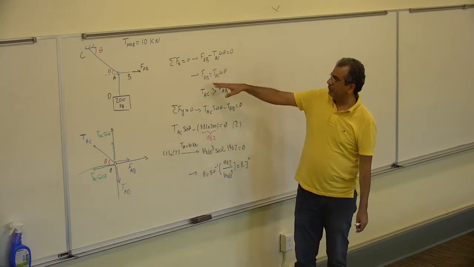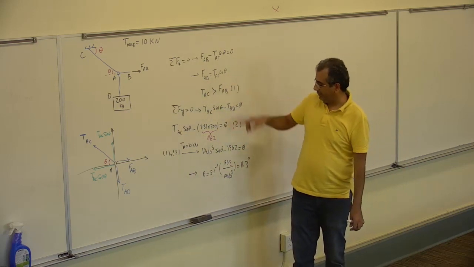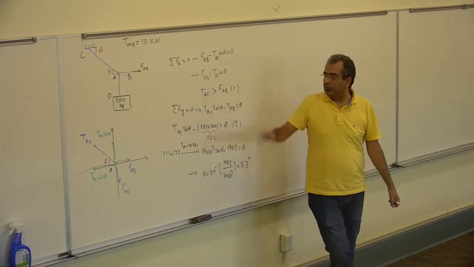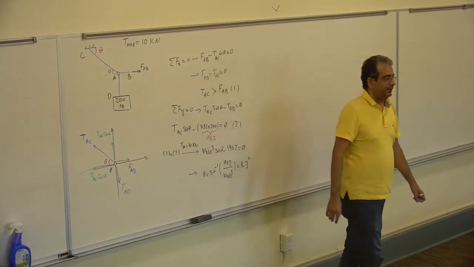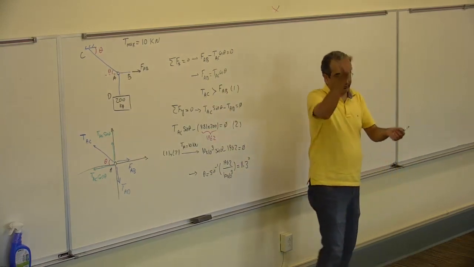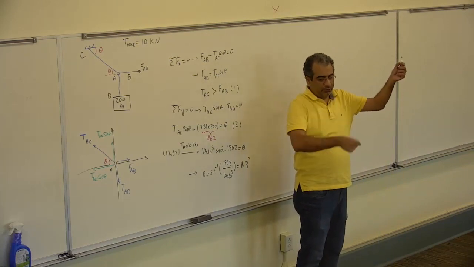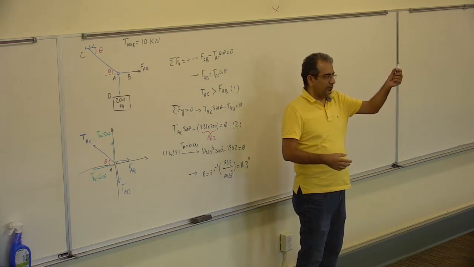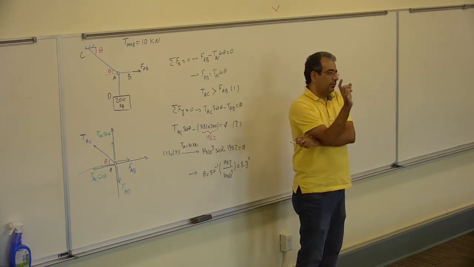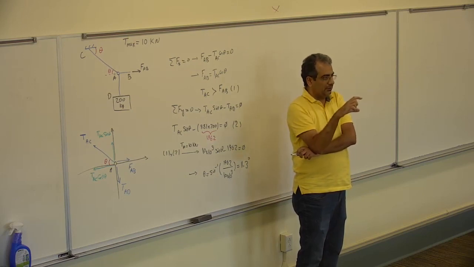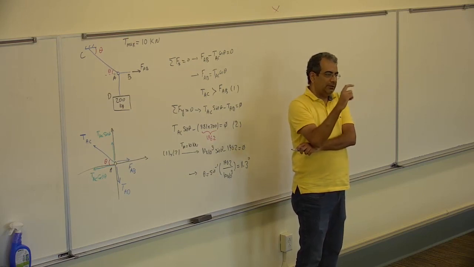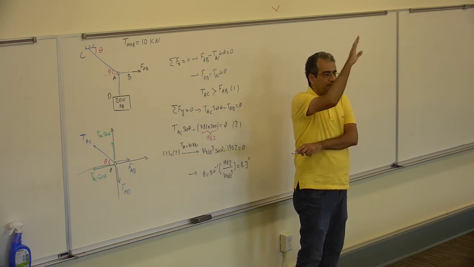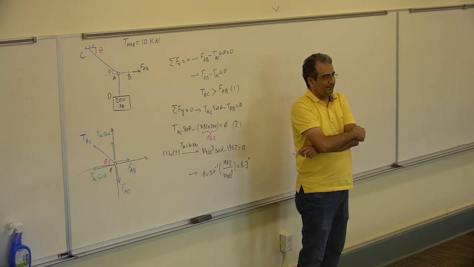We can go back and calculate because we have the theta, we have the TAC, we can calculate the FAB if you want, or other values as well. So one more time, if you assume three ropes, and they ask what's the maximum angle or the maximum weight that you can put on this system, see which rope has the maximum tension, set the maximum tension in that rope equal to the maximum tension it can handle, and then from there calculate everything else.